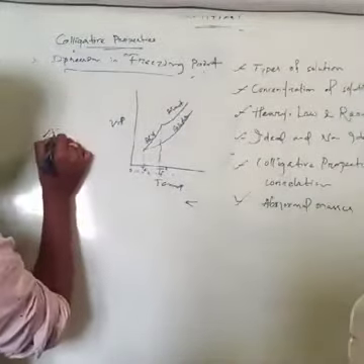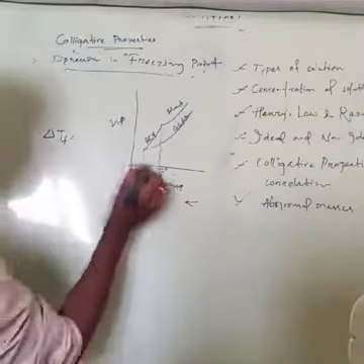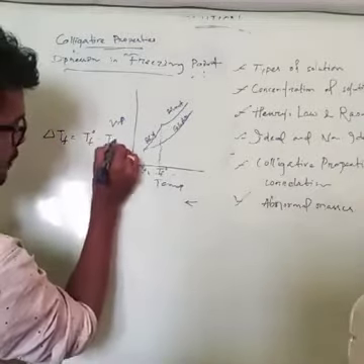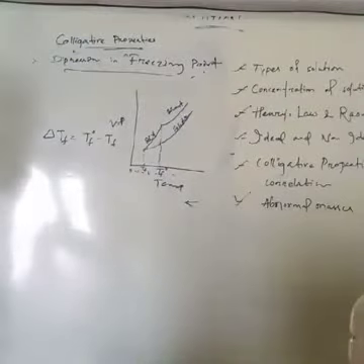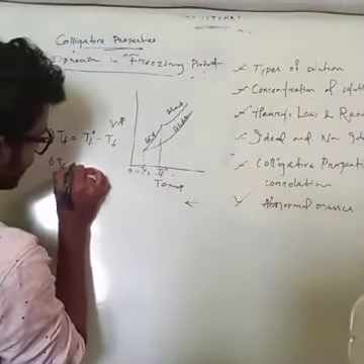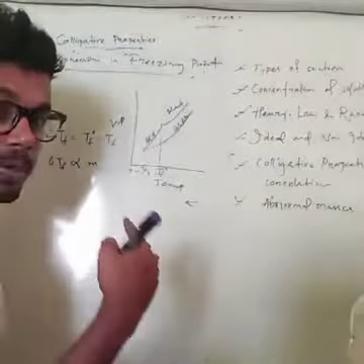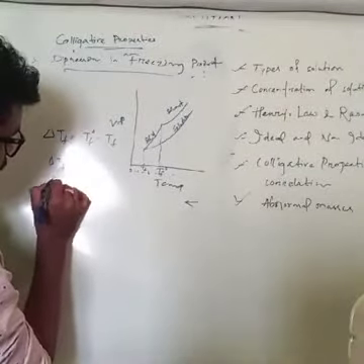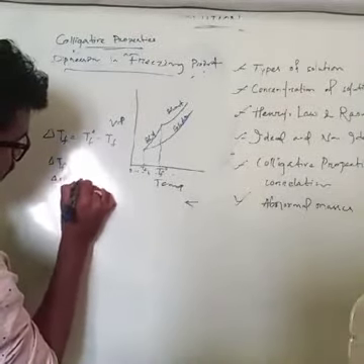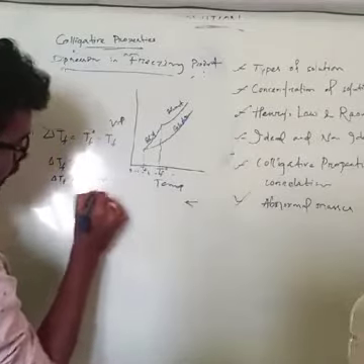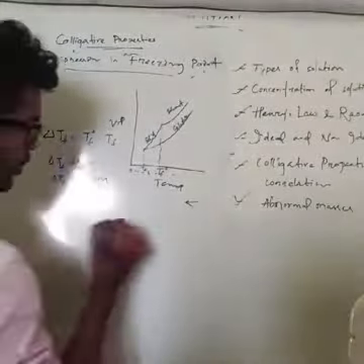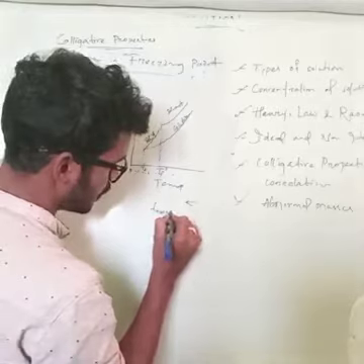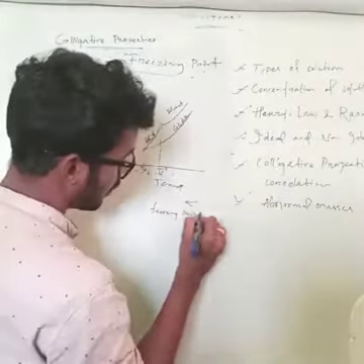So similarly, delta TF will be TF naught minus TF, the difference between these temperatures. We know that delta TF is directly proportional to molality because it depends on the number of solute particles. So to remove the proportionality, we need to add a constant, that is Kf. This is known as the depression constant or freezing point constant or cryoscopic constant.